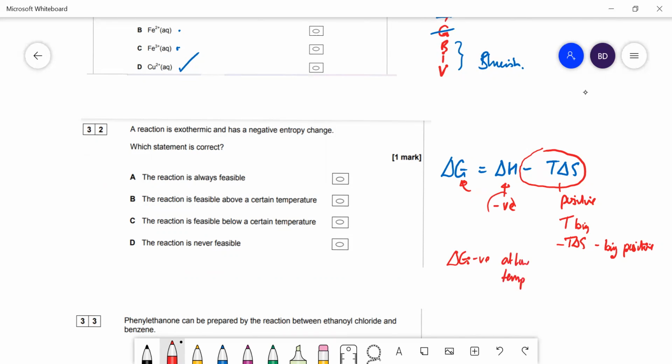So the reaction is possible at low temperatures, but when the temperature gets really high, it might become impossible. So the reaction is not always feasible? No, that's wrong. The reaction is feasible above a certain temperature? No, when the temperature gets too high, it's going to stop. Low temperature is not a problem. The reaction is feasible below a certain temperature. That's right.